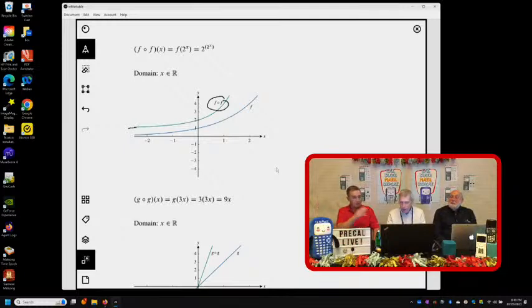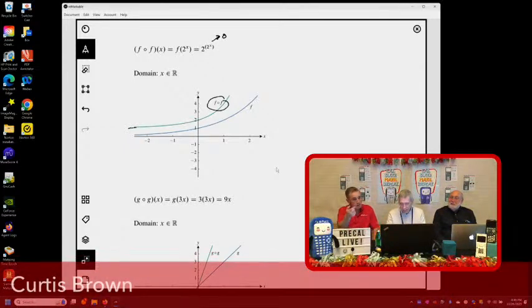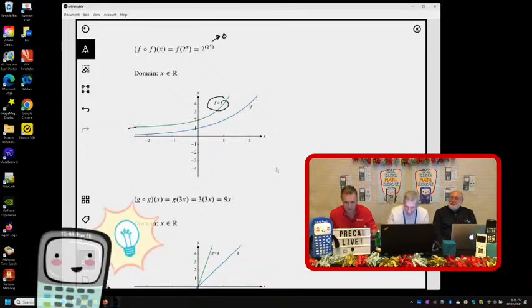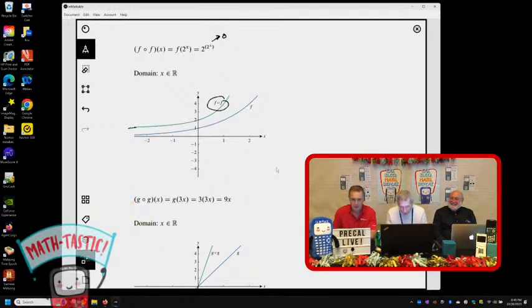Which means we're talking about 2 to the approaching 0, so it should go to 1. Does that make sense? That's a good problem to consider with your students.